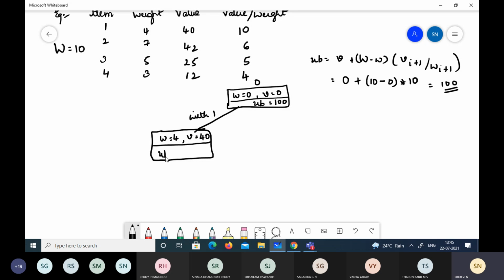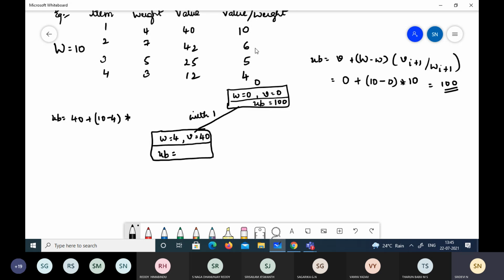And now you have to calculate the upper bound for this. So using this formula, we will calculate the upper bound. Upper bound equal to V, which is 40, you know the value here. 40 plus capital W is 10, small w is 4, 10 minus 4, and here Vi plus 1 by Wi plus 1.